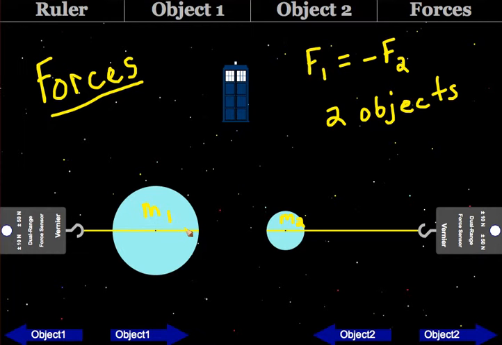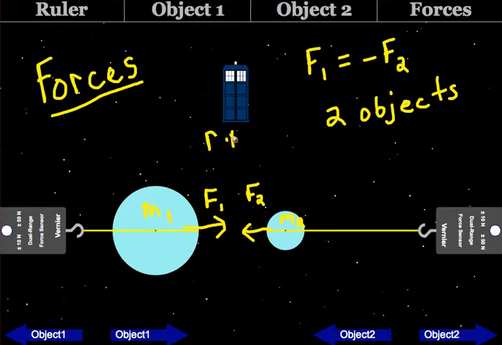What you may not realize is that both objects experience the exact same magnitude of force. It just so happens that they are in opposite directions. So as they attract each other, the two forces of attraction are equal but in opposite directions. As we saw, the force depends on the distance between the objects.